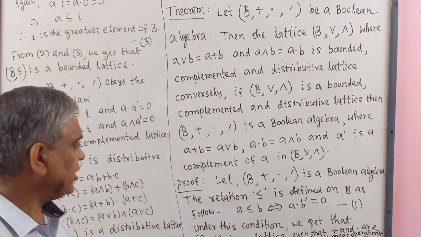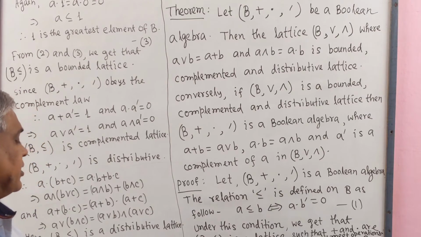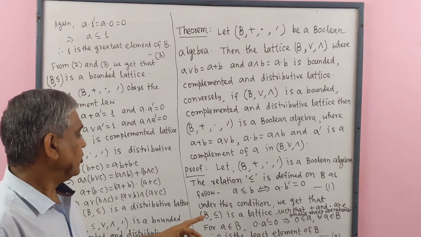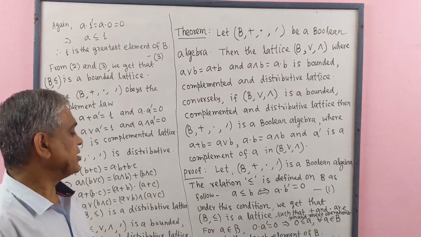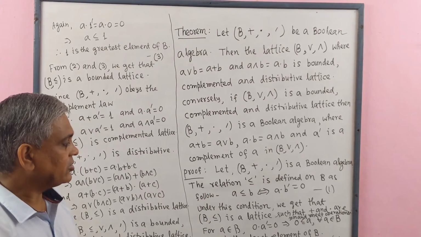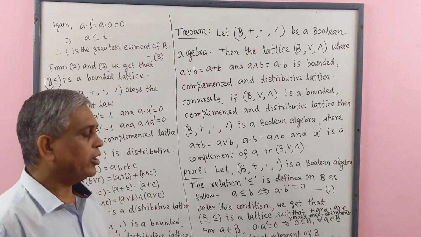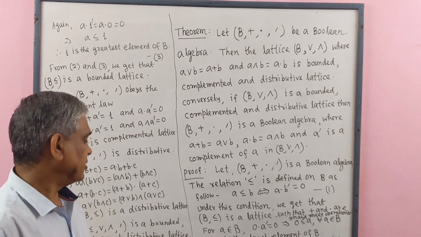Since already we have proved that B with this relation is a lattice such that plus and dot are join and meet operations.